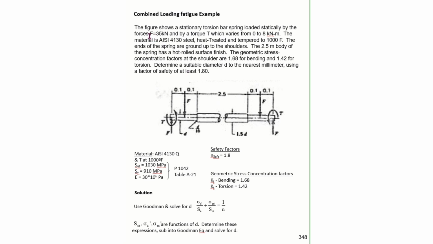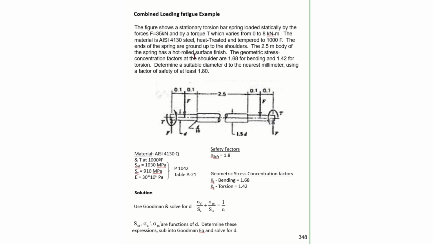We see that the constant force of 35 kilonewtons is applied at these points of 0.1 from the end. Then we have an alternating torque that is applied, and the alternating torque goes from 0 to 8 kilonewton meters. So this is a non-completely reversed stress or load.